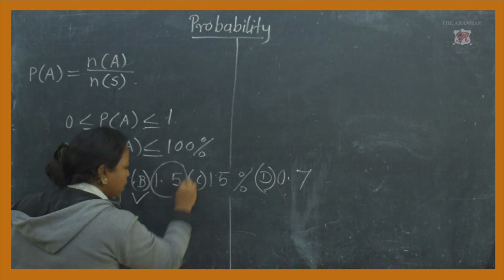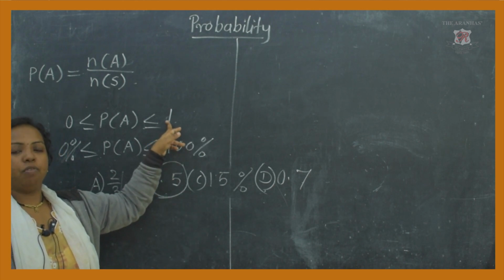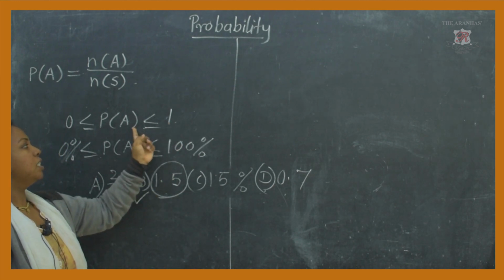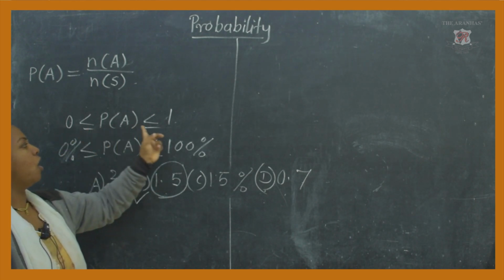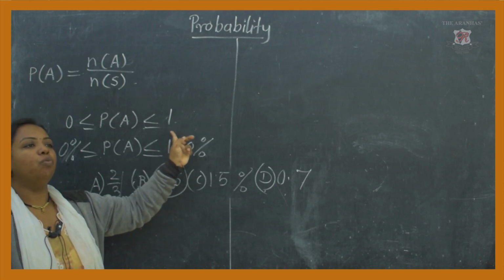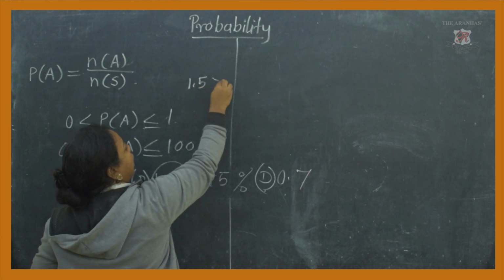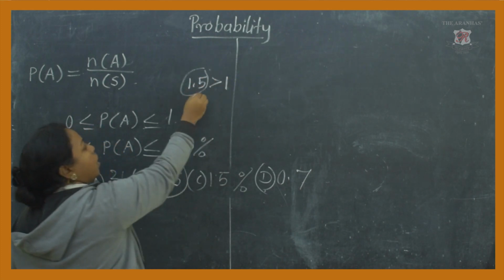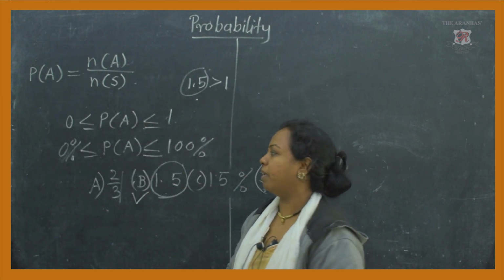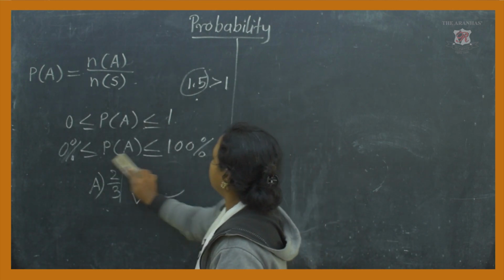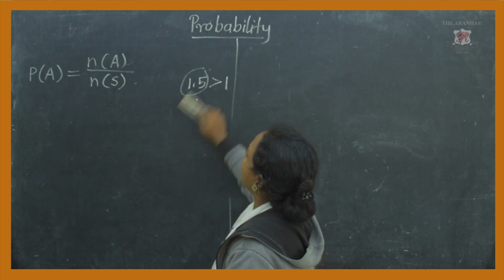But this value 1.5 exceeds 1, it is greater than 1. But what is the rule of probability? It cannot go beyond 1, and here it is 1.5. 1.5 is greater than 1, therefore 1.5 cannot be the probability for any question given. Therefore B is the correct option. So in this way we can express the probability value.